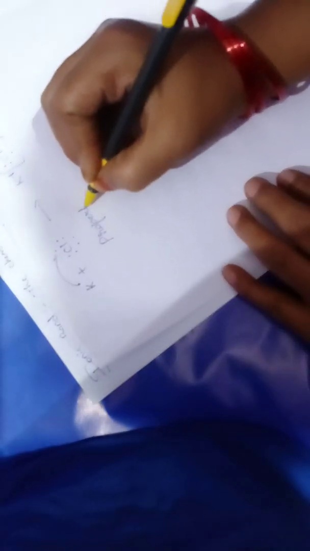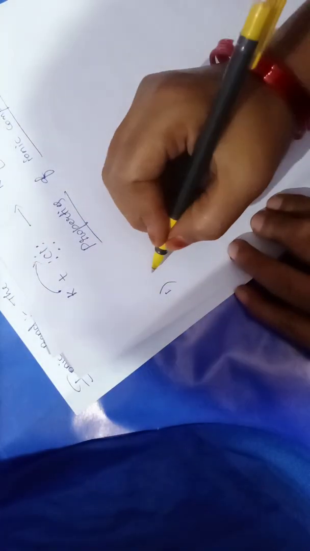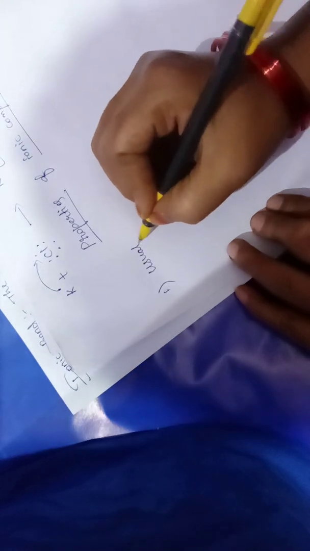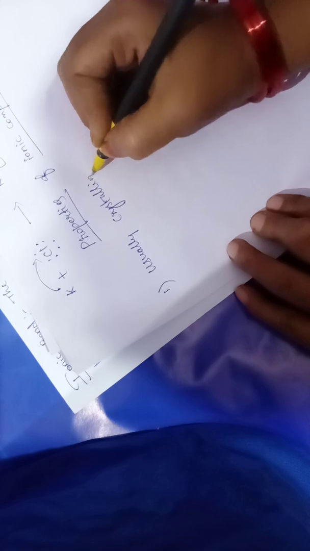So the last topic is properties of ionic compounds, which type of properties they will have. So the first property of ionic compounds is they are usually crystalline solids.